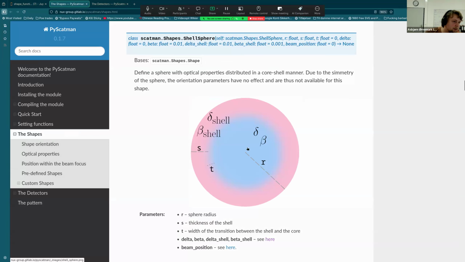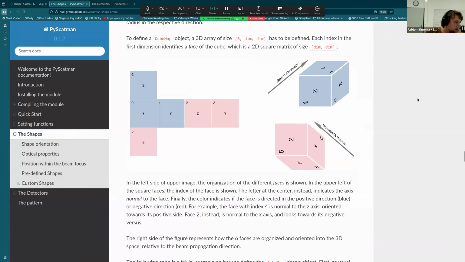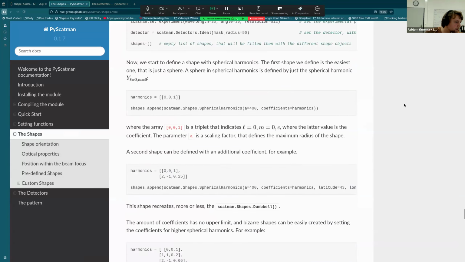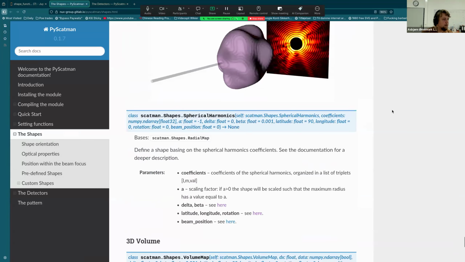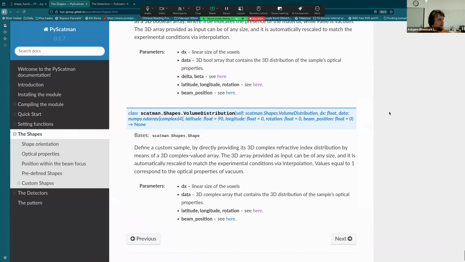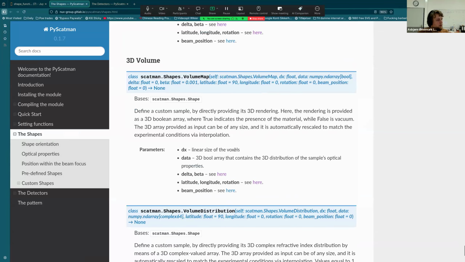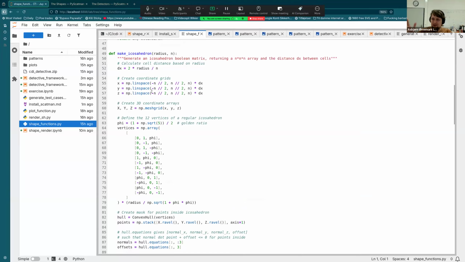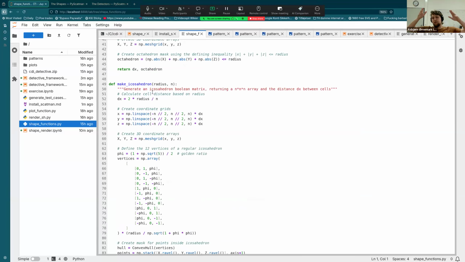One of the shapes that Scatman has, if you really want to do something strange, is these 3D volume shapes. This volume map works by giving it an array of zeros and ones, and every place there's a one, there's a bit of your shape in it.